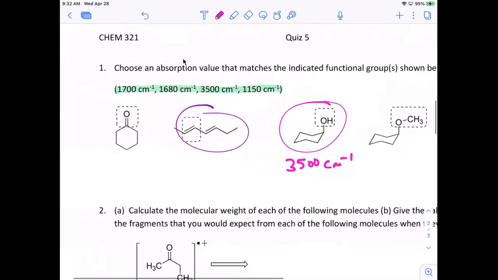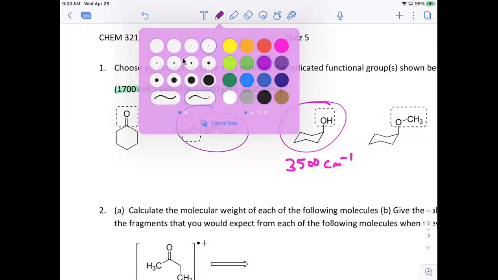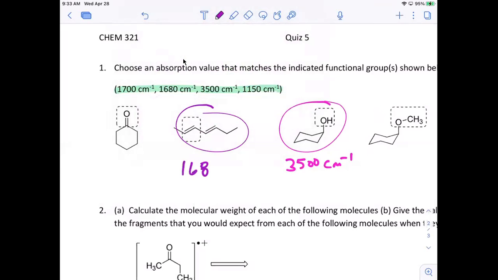Now, the alkene and the carbonyl are going to have similar stretches, they're not going to be identical, but they are similar. And sometimes they do overlap. Is it gonna be 1680? 1680. I agree. So for the alkene, we can say that that one is going to show up at 1680.